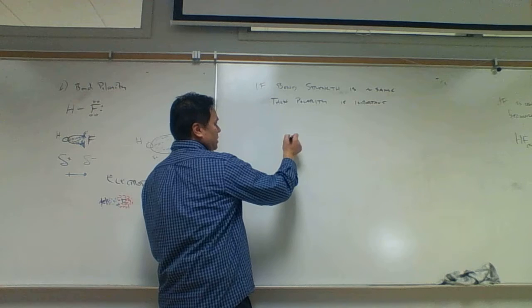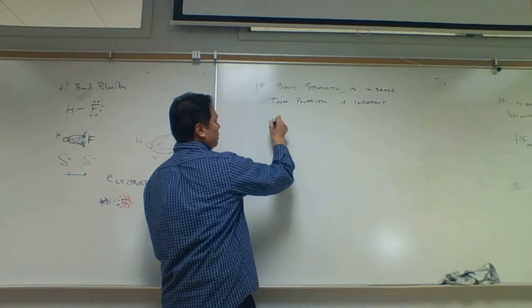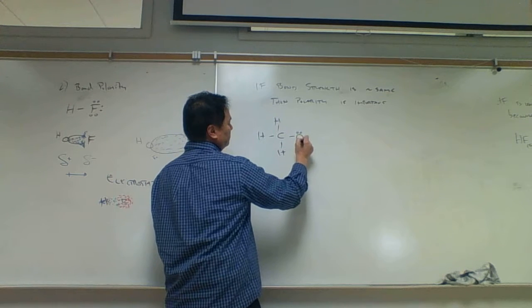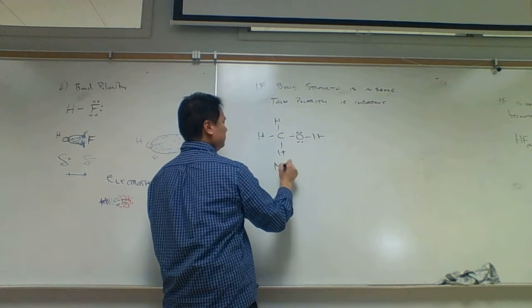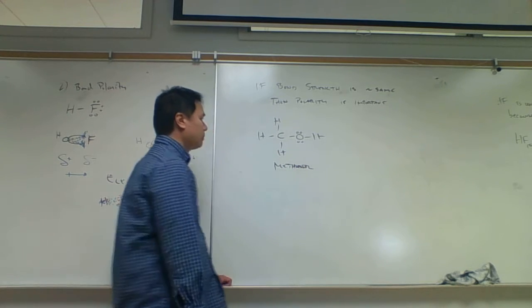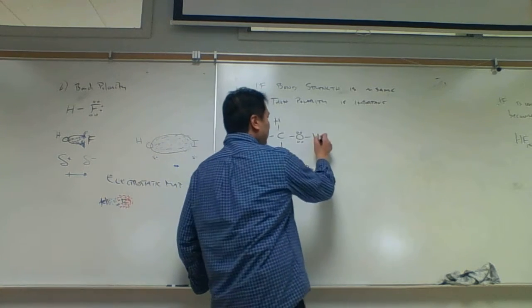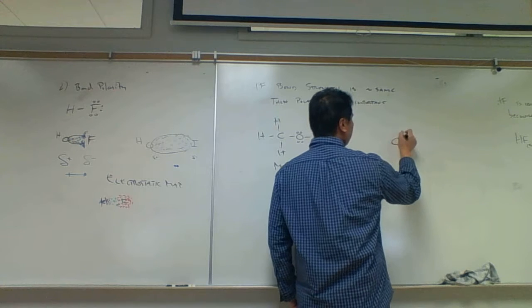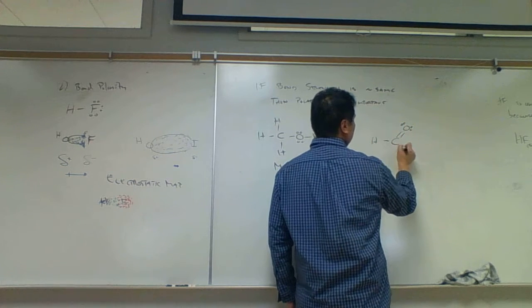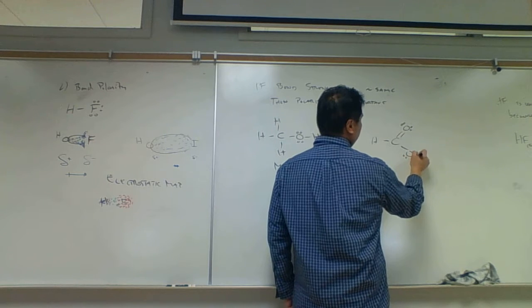All right, so let's take a look at the two molecules here. We're going to look at methanol and methanoic acid. Methanoic acid is also called formic acid.